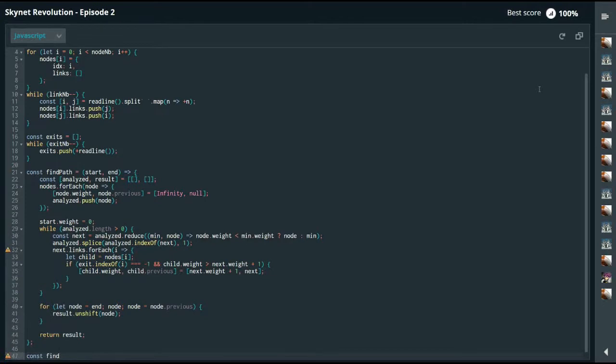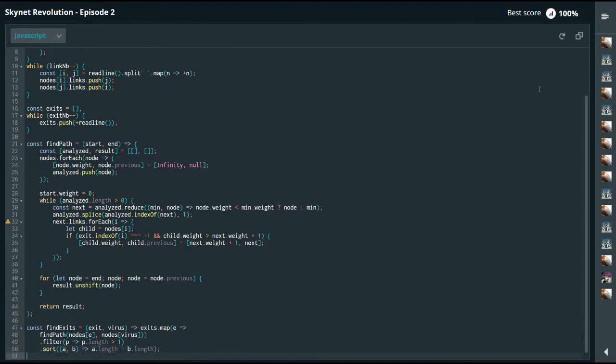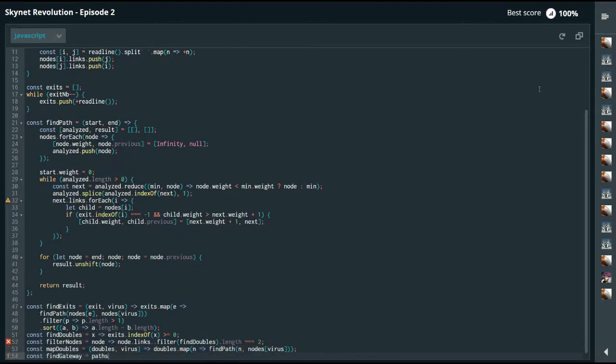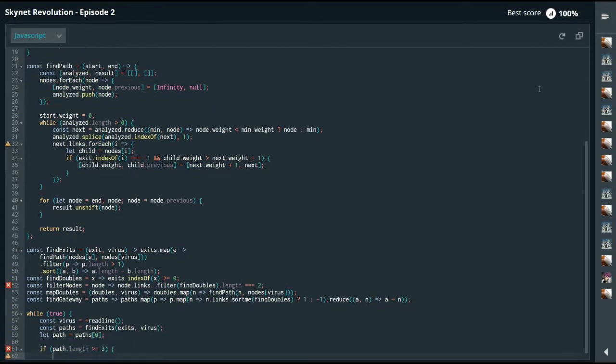Write several helper functions. Now read virus coordinates and find the way.